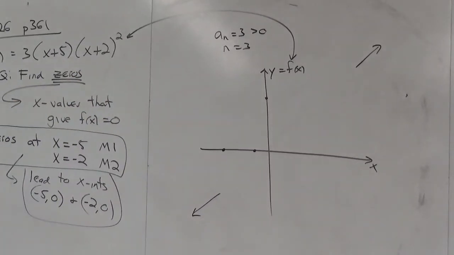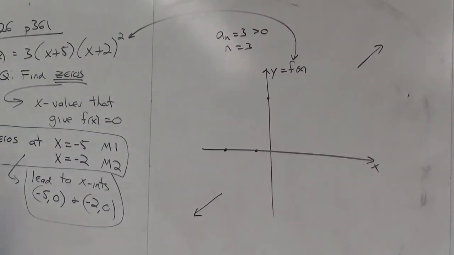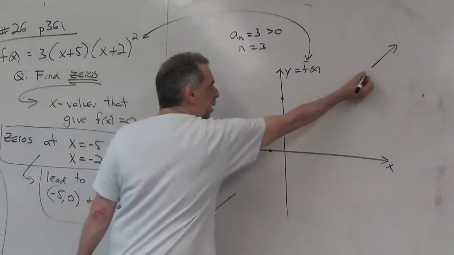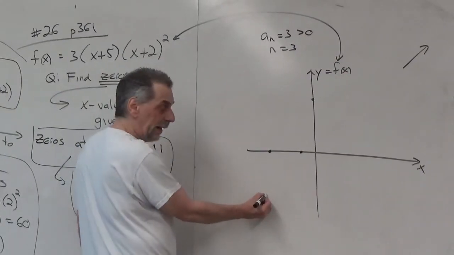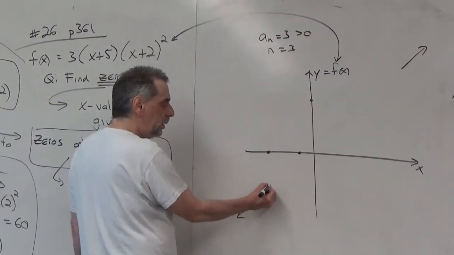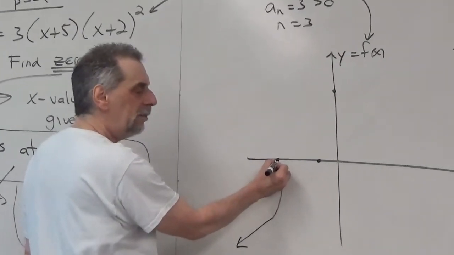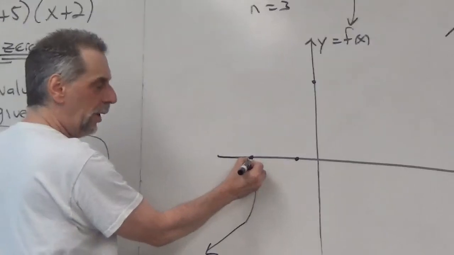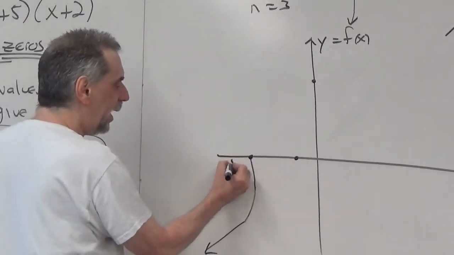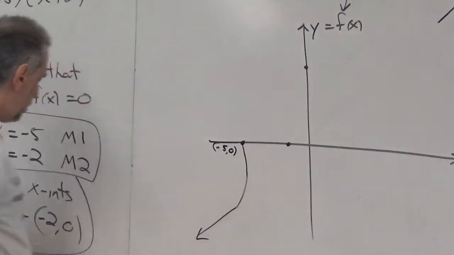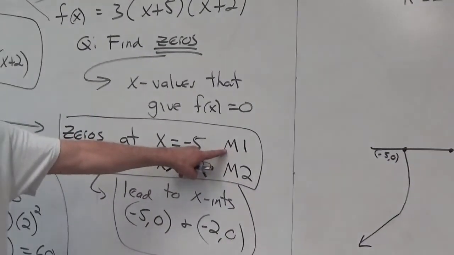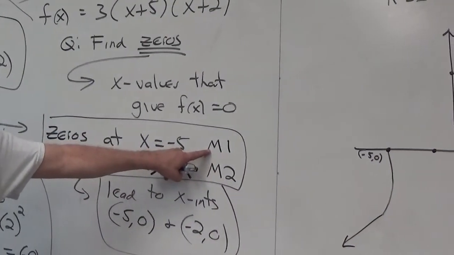So now, like we said, the multiplicities, since we know it's a smooth curve from here to here, we're never going to have to lift the pencil off the paper. It's not going to be exact, right? We're only getting an approximation of what it looks like. But we want to get the intercepts and everything correct. So over here at (-5, 0), it had a multiplicity of 1. So it crosses the x-axis.